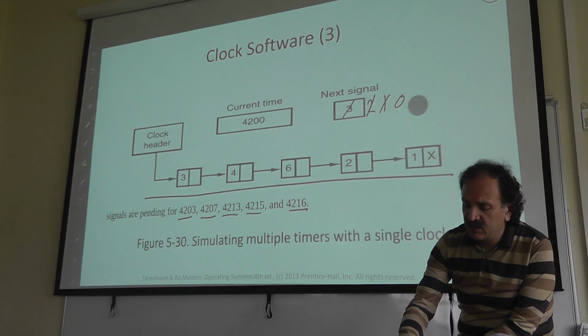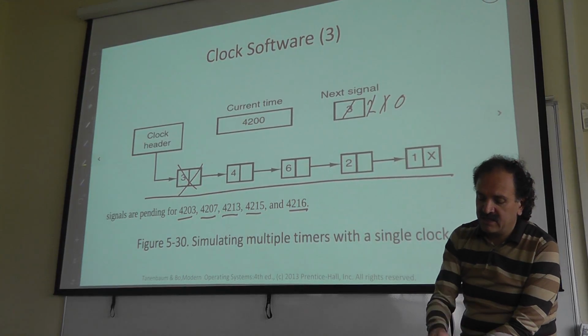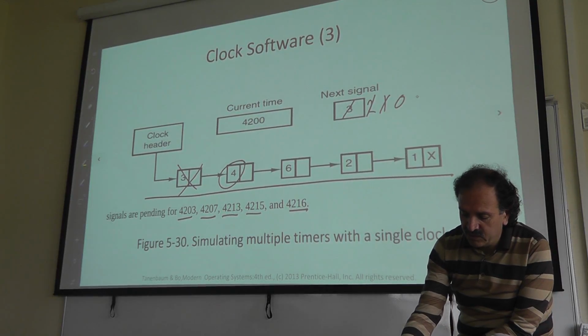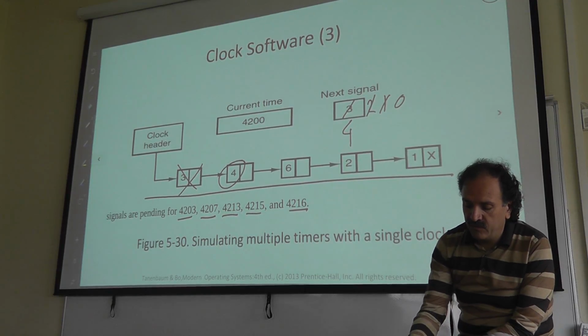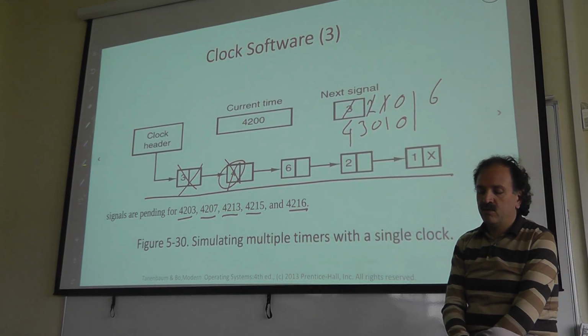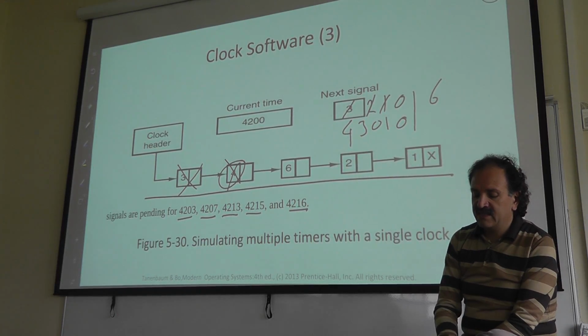When it reaches 0, you signal the process that issued this signal, and you put this number 4 here. So the 4 goes to 310, and you put that number 6 there, and continue that way until all of the signals are done.